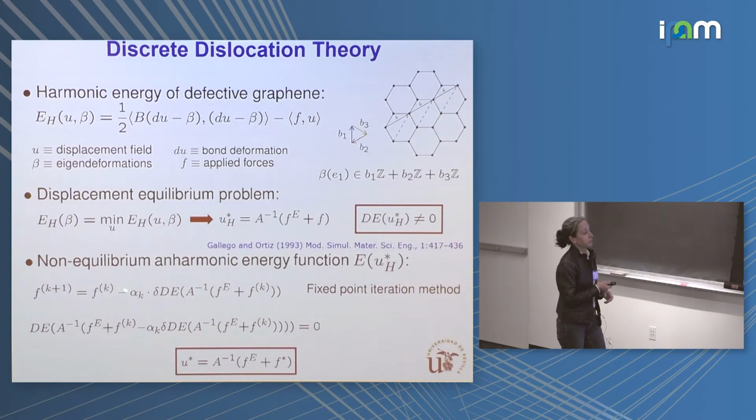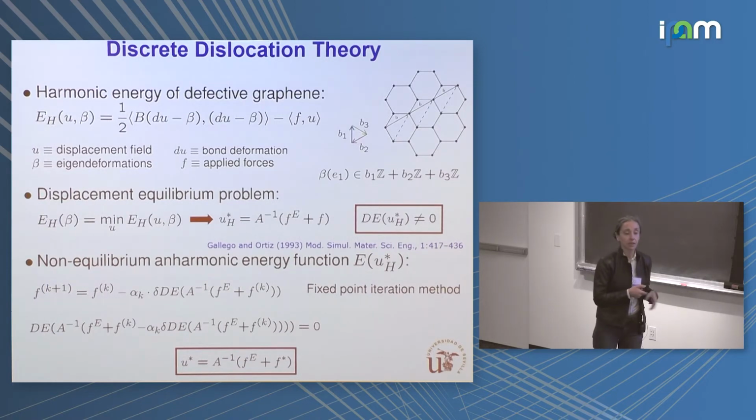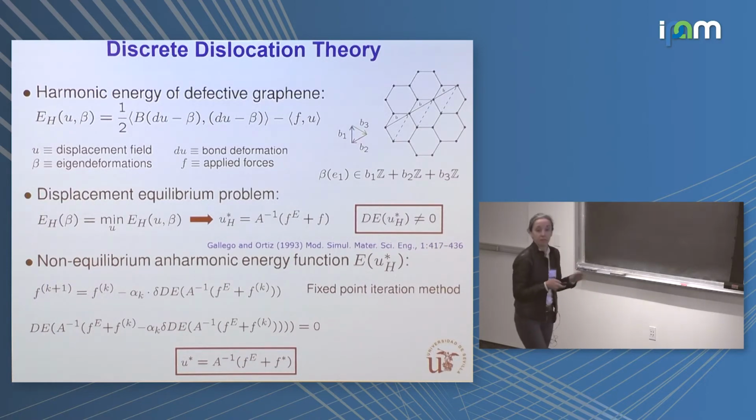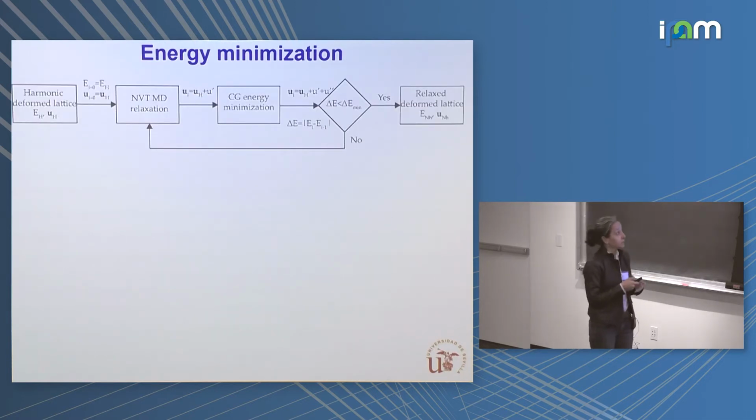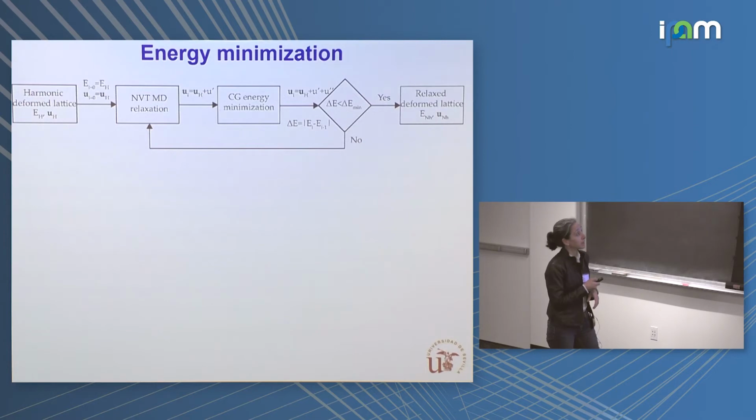And if you follow an iterative procedure, you will end up finding the very relaxed configuration. Okay, very, very simple. I don't want to spend more time explaining this part of the work.